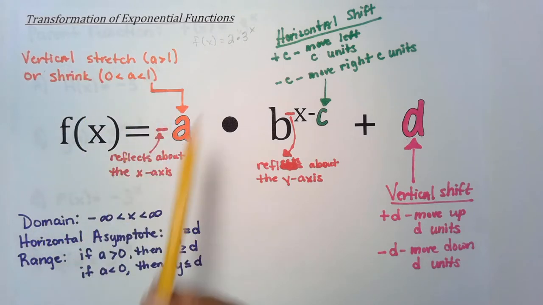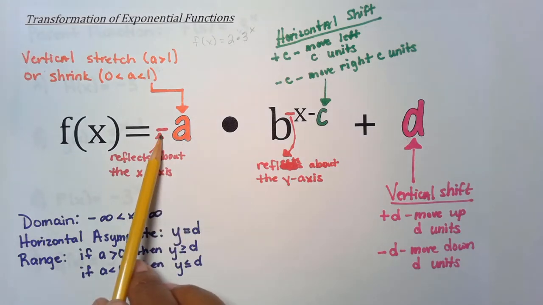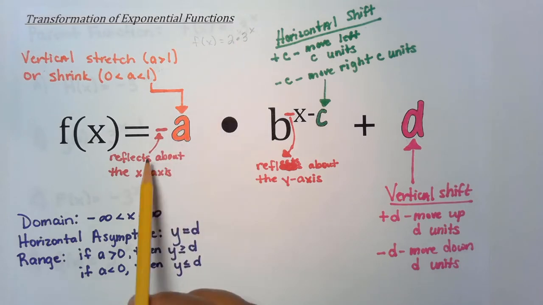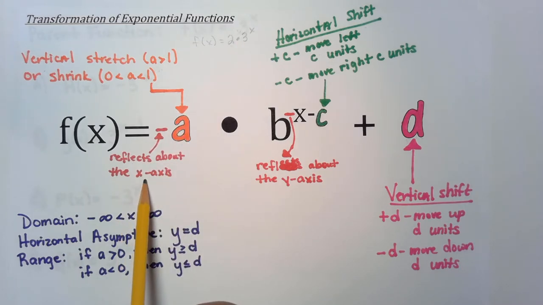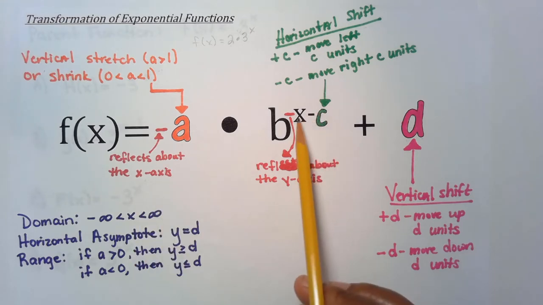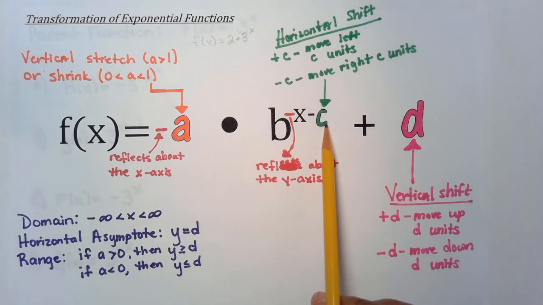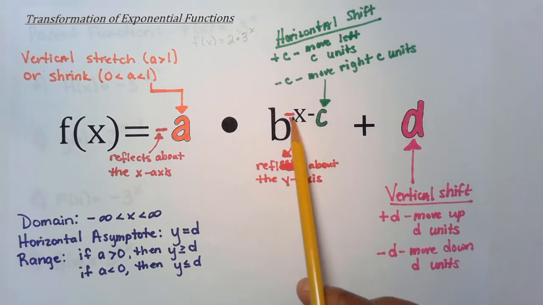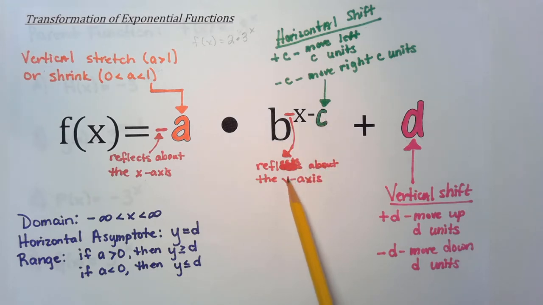Now, if we have a negative in front of whatever we call a, then it means it's going to reflect about the x-axis. We talked about this information in class as well. Going back to the exponent of our base b, the variable x, if there's a negative in front, it's going to reflect about the y-axis.